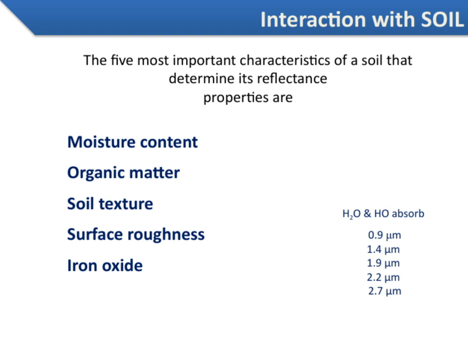Now, within the electromagnetic spectrum, especially in the near-infrared region, water and hydroxyl groups in soil absorb specific wavelengths, like around 0.9, 1.4, 1.9, 2.2, and 2.7 micrometers. These absorption features are crucial for remote sensing because they help us identify soil moisture and composition.